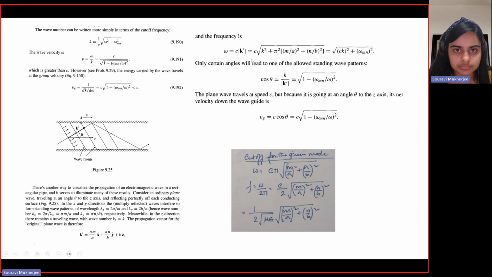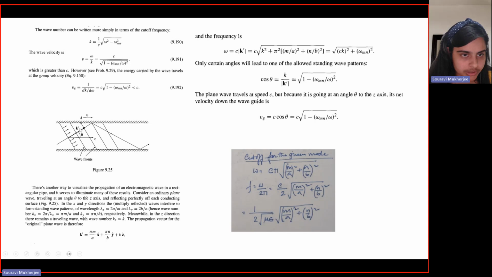Now here you can find the component. This is the wave vector, which shows the direction of propagation; basically it can have all three components. Now, if you want to see what is the component of the wave number in the direction of propagation of the wave, you can take a component.